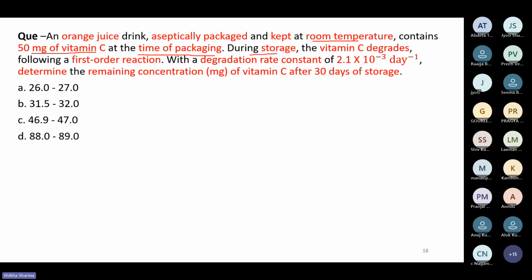During storage, the vitamin C is degraded following a first order reaction with a degradation rate constant of 2.1 into 10 to the power minus 3 day inverse. Determine the remaining concentration of vitamin C after 30 days of storage.